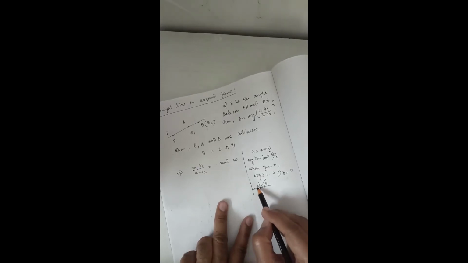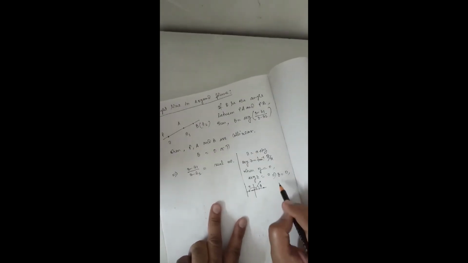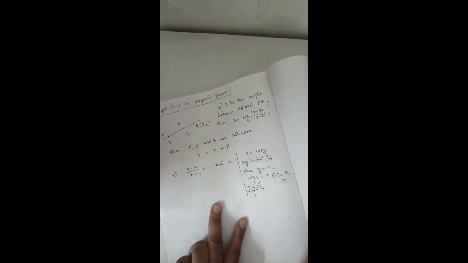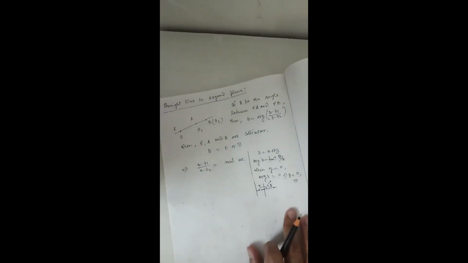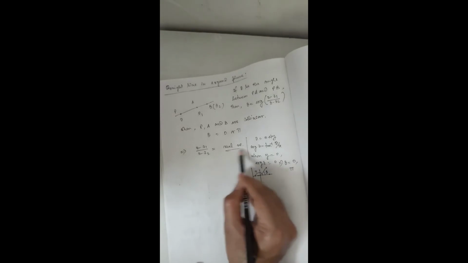In that case theta will be pi. So either theta equals 0 or pi. That is why we wrote here that z minus z1 by z minus z2 is a real number.